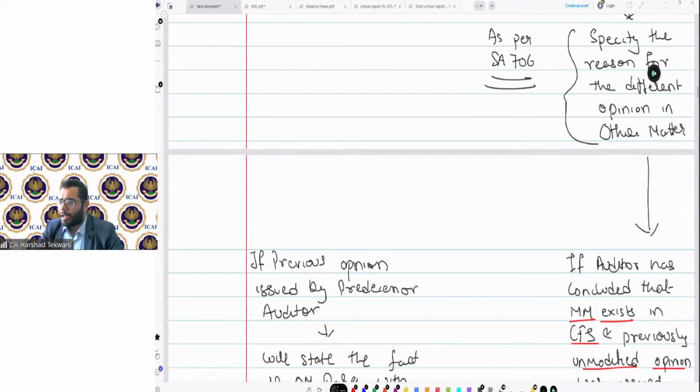SA 720 prescribes the detail with respect to other information. It's different from the other matter paragraph. The other matter paragraph is as per SA 706, while the other information paragraph is as per SA 720. I'll show you one example first.